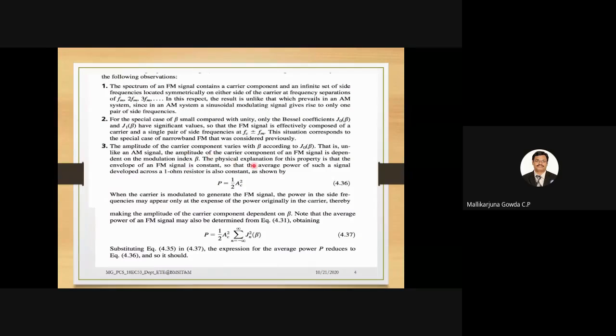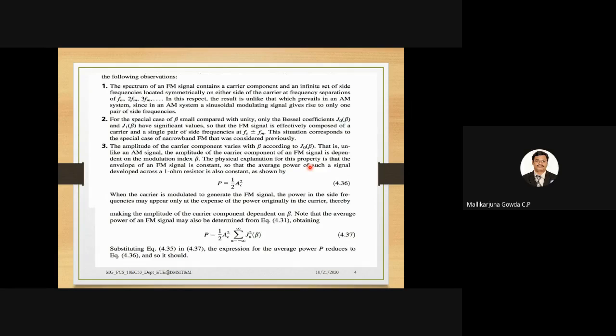In case of a frequency modulated signal, the amplitude of the carrier is kept constant, right? In case of frequency modulation, the envelope or the amplitude of the carrier is kept constant. Only the frequency of the signal is varied. The frequency of the carrier varies according to the instantaneous value of the message signal.